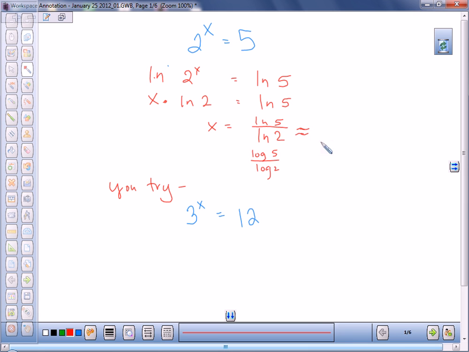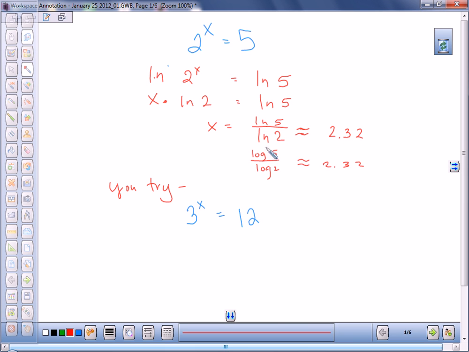Okay, what's the approximate value of natural log of 5 divided by natural log of 2? You may get 2.32. What did you get when you did log of 5 divided by log of 2? Same thing.